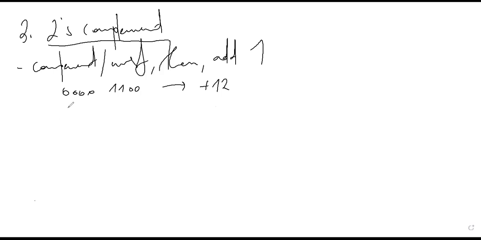If we invert all the bits here, we get 1 1 1 1 0 0 1 1. After you have inverted all the bits, you add 1. We get 1 plus 1, this is 0, carry 1. 1 plus 1, this is 0, carry 1. Then 1, and we get 1 1 1 1 0 1 0 0.